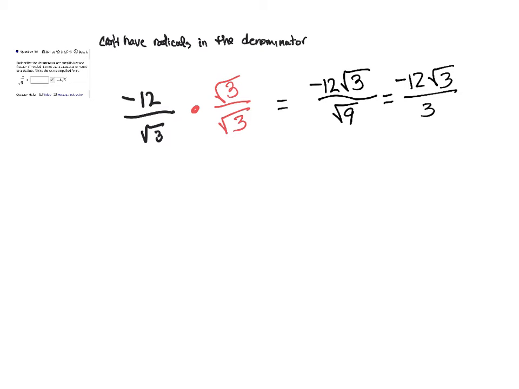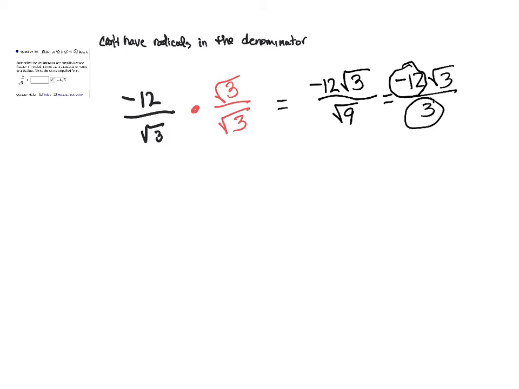Now, we're not finished because we need to reduce this. And you have to be very careful. The 3 on the bottom is not a radical, so you couldn't cancel it with the root 3 on top. Those are two different numbers. The only thing that you could cancel is numbers that are not radicals right here, that coefficient.